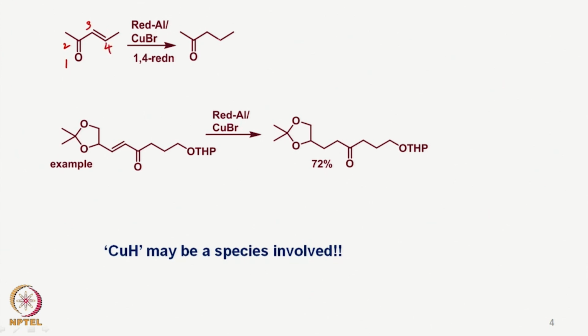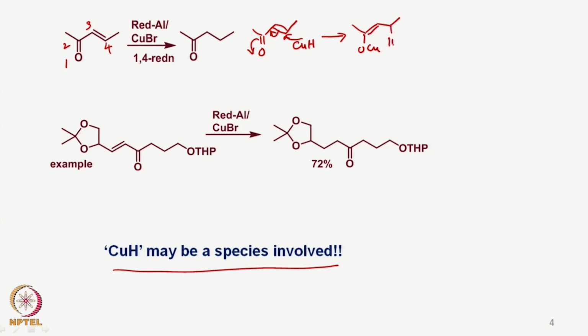So 1,4 reduction has taken place, and essentially what is happening is that it is more or less like a copper hydride type of species that is expected to be involved, and then the copper hydride, being softer, adds on in this fashion, and we have 1,4 addition where we can expect a species like this to form, and then this leads to the saturated ketone.